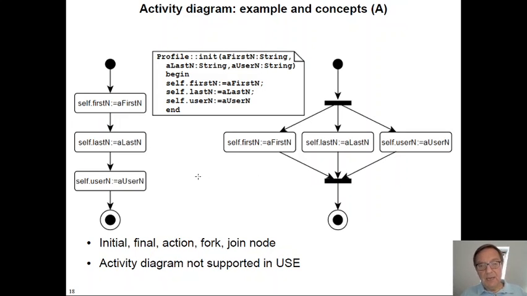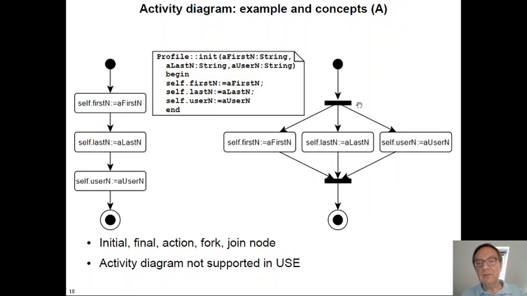There's one particular case here in this example, namely the order of the assignments can be chosen in an arbitrary way. We have three assignments, and we have done it here in the way that the starting assignment is on the first name, last name, and then username, but you can do it in any order because the assignments are independent of each other on the right-hand side.